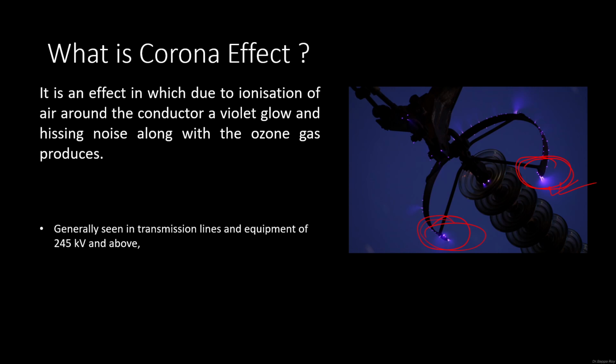It is generally seen in transmission lines and equipment of 245 kilovolt and above. Those transmission lines can transmit up to a much higher limit, but when they transfer 245 kilovolt, at that time it can be seen.